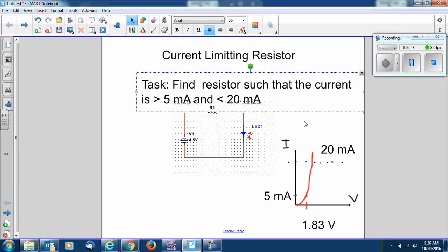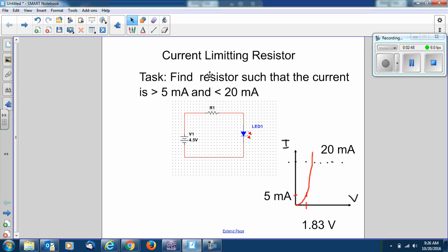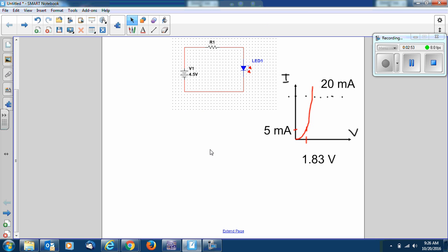All right. So how would I go about doing this? Well, the best way to do this is just to pick a number. The number I'm going to pick is going to be 20 milliamps, just for kicks. Now, generally, I would probably choose a number that is somewhat smaller, because I don't want to be right at the edge of this envelope.